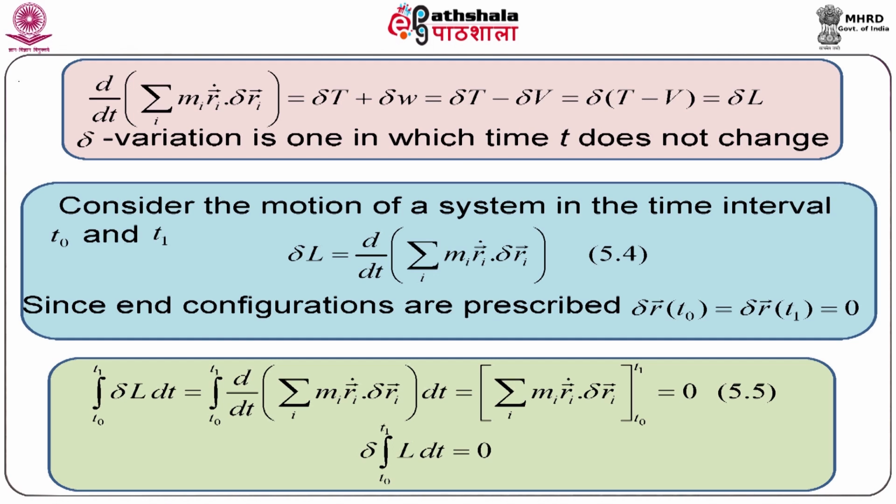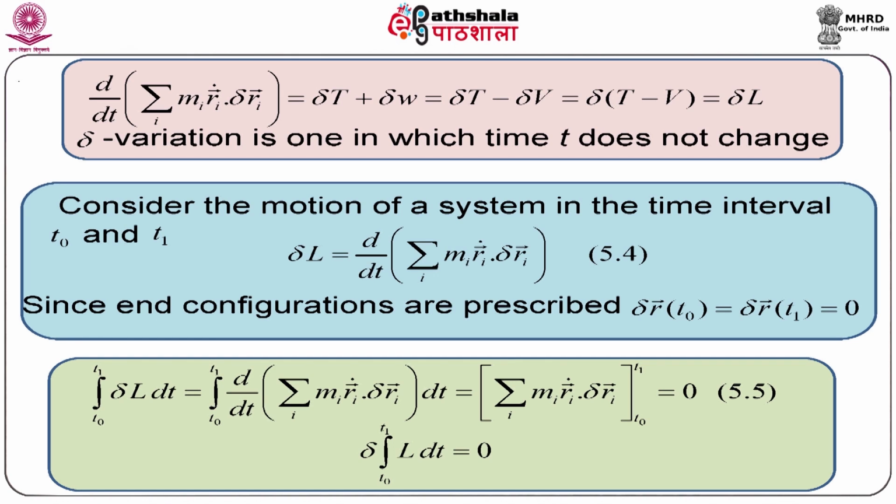Since the end configurations are prescribed, delta r vector at t0 equals 0 and delta r vector at t1 equals 0.